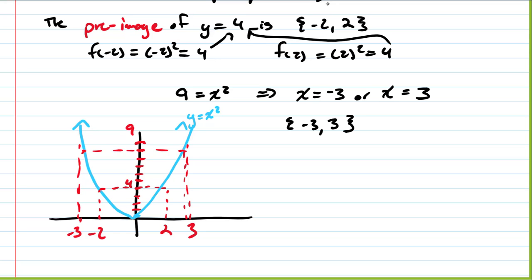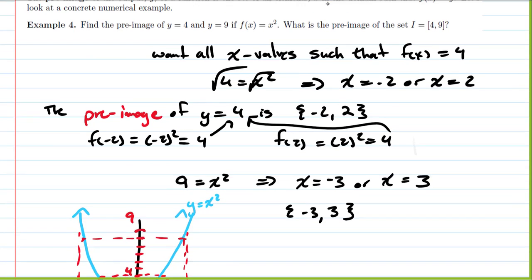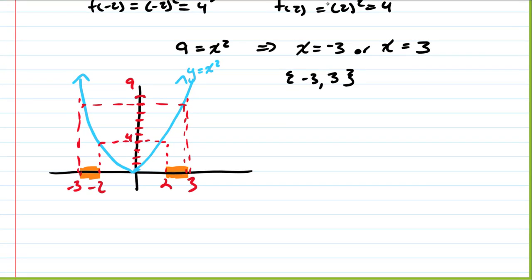So then our pre-image is going to be all of the stuff in between that. So the pre-image of 4 to 9 would be the set negative 3 to negative 2 unioned with 2 to 3, right?